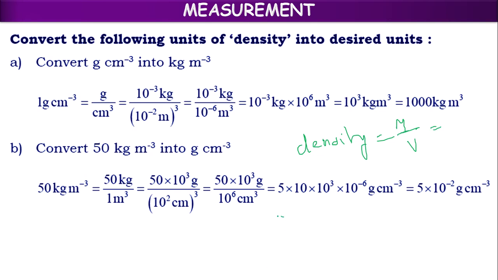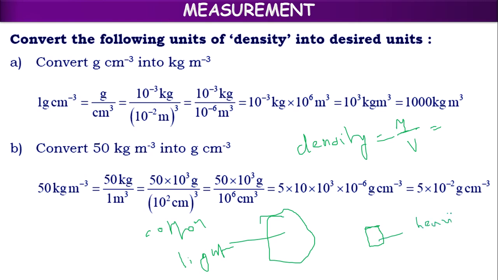If you take 1 kg of cotton and 1 kg of iron, cotton will be lightweight. Iron will be heavier. Why?